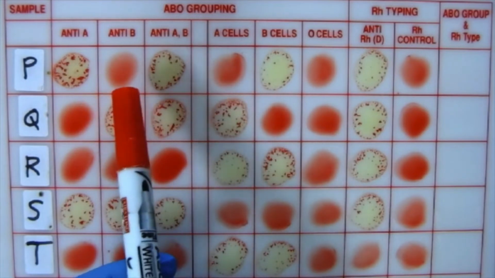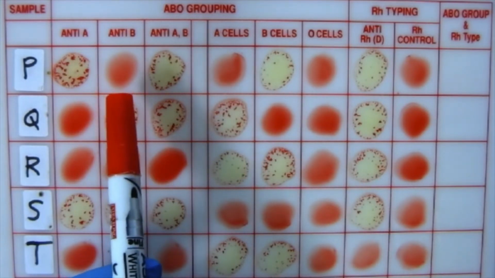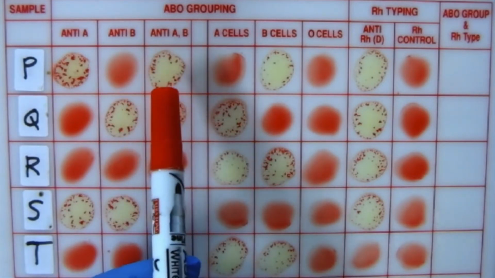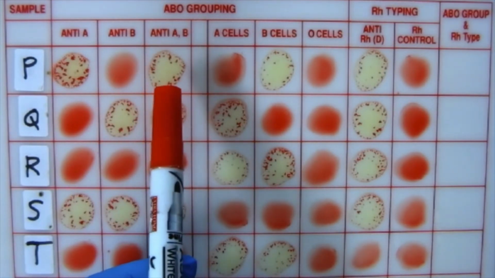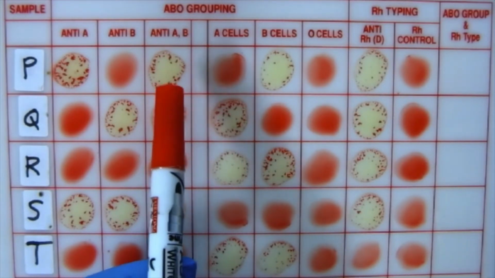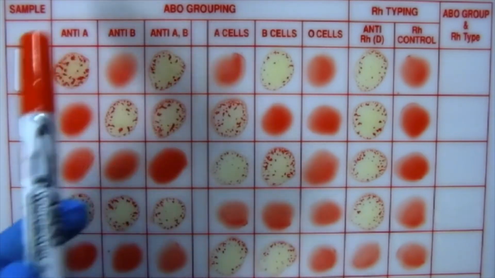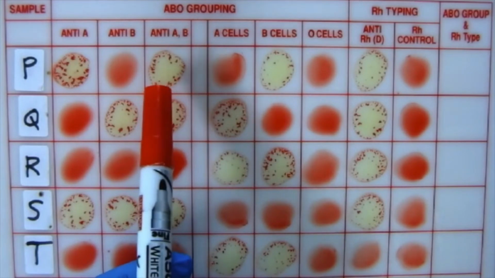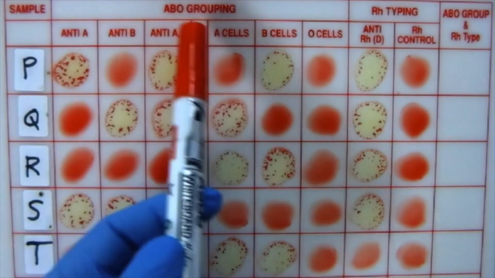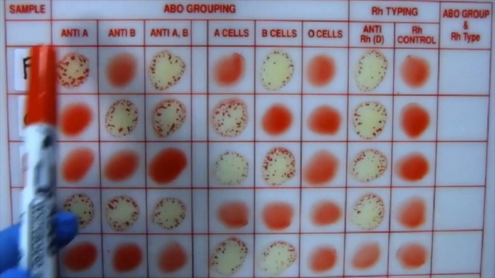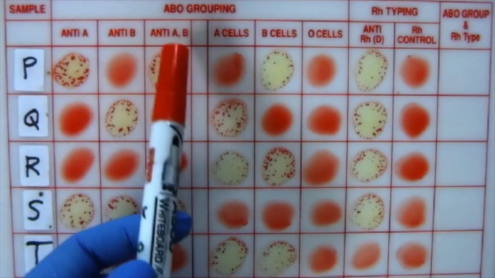There is no reaction, no antigen B detected. Again, the anti-AB is the mixture of anti-A and anti-B. It's still showing, to counter check the first section here, the anti-A, it still shows agglutination. Okay, so obviously the patient is having antigen A on his red blood cell surface.